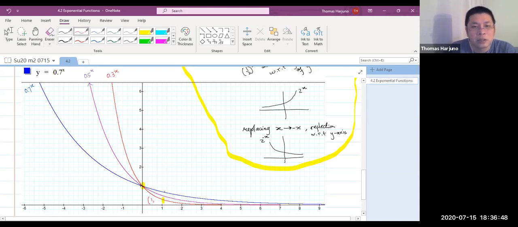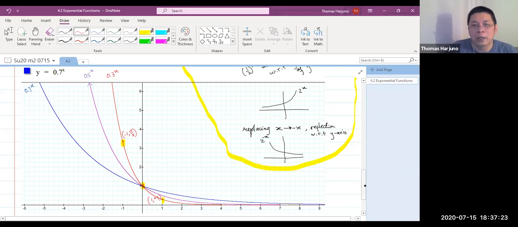So this is (1, 0.3) here, while this one here will be (-1, 10/3), or you can make it decimal if you like. So this coordinate, that coordinate, those are the three important coordinates.